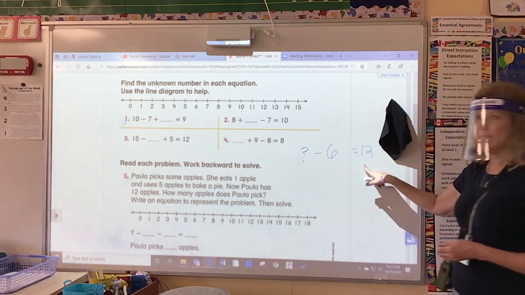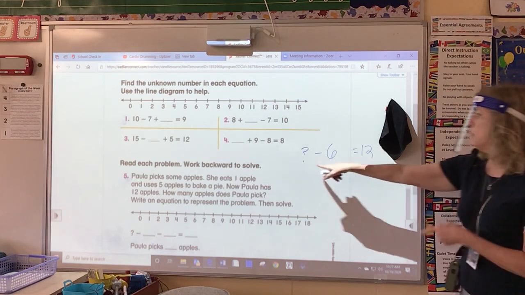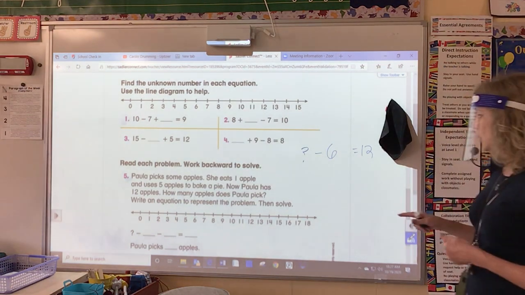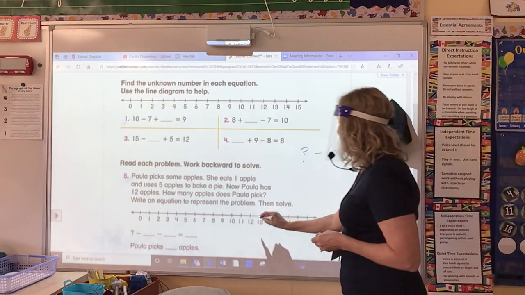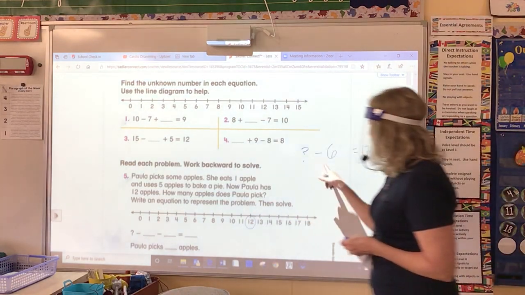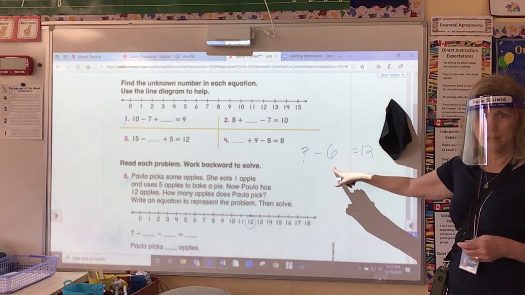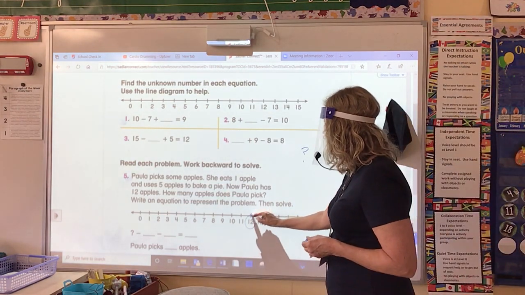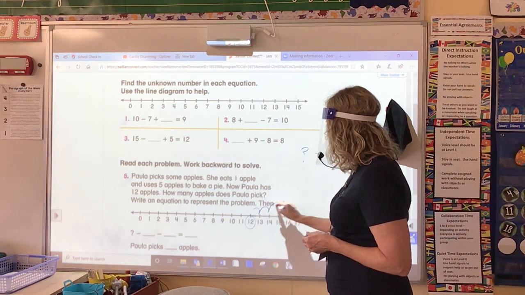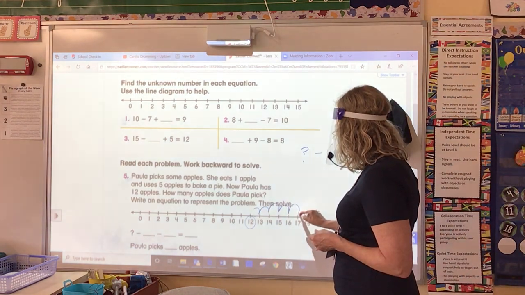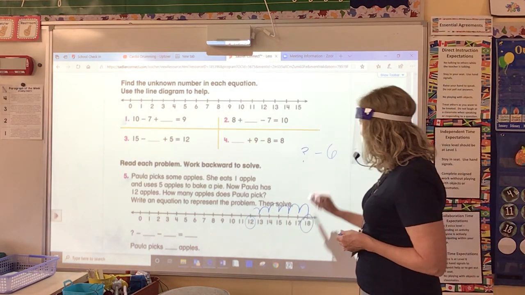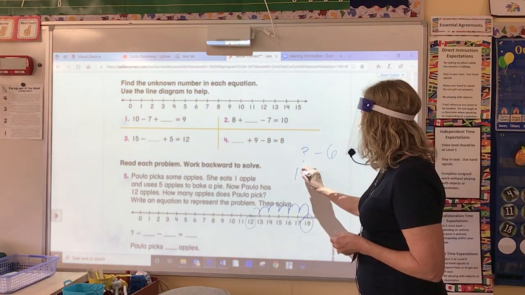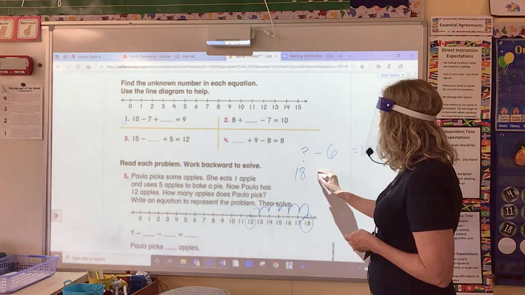So blank minus 6 equals 12. So we're going to start at the 12 and add our 6. Ready? 1, 2, 3, 4, 5, 6, which gives us 18. So let's see if our 18 works here. We're going to replace our question mark with 18.